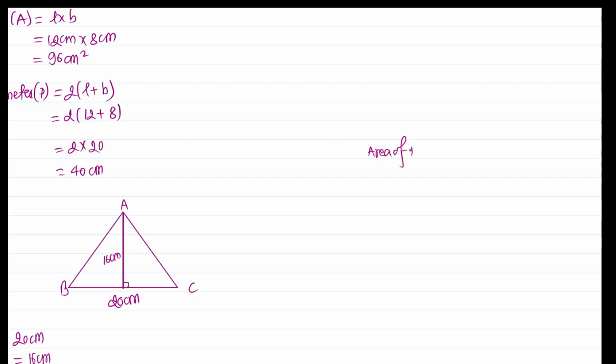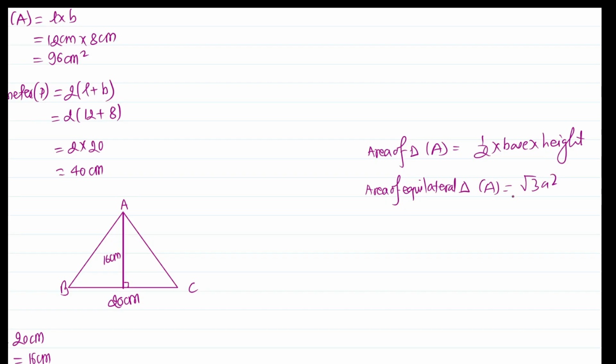Area of any triangle is equal to half of base times height. This is applicable in any triangle if we know the base and height. And area of an equilateral triangle is equal to root 3 a square by 4 square unit.